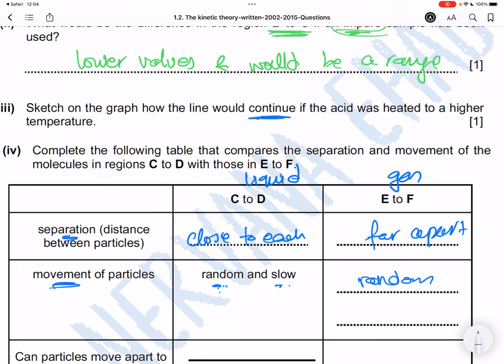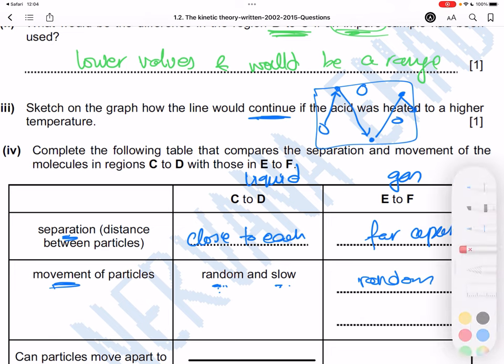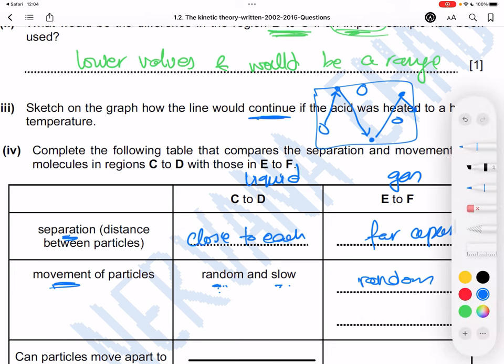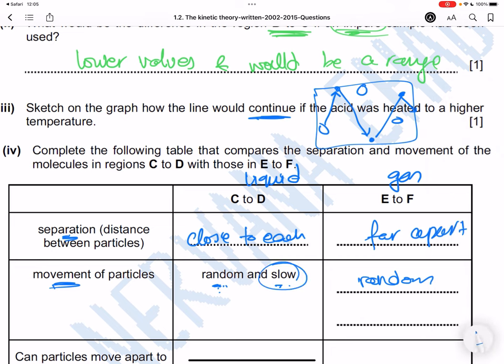It's not like a gas particle will say, oh, I'm going to go right here first, and then right here second, and then I'm going to go to this place third. No, it doesn't think. It's random. It just goes everywhere and anywhere, all over the place. No thinking. Liquids are slow, but gases are fast. So random and fast.